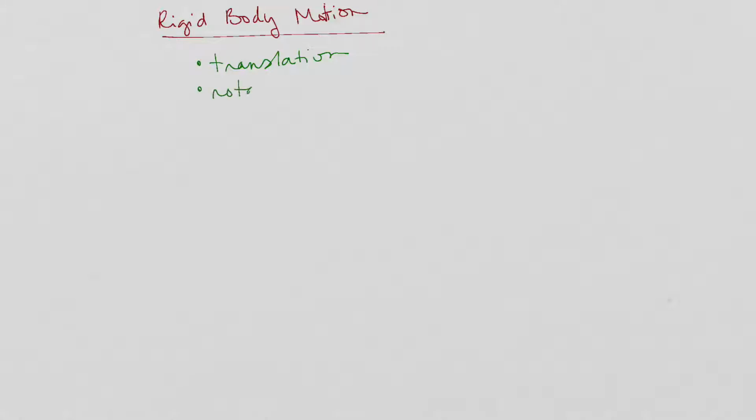So for rigid body motion in 2D, we have translation, rotation about a fixed axis, and general plane motion.